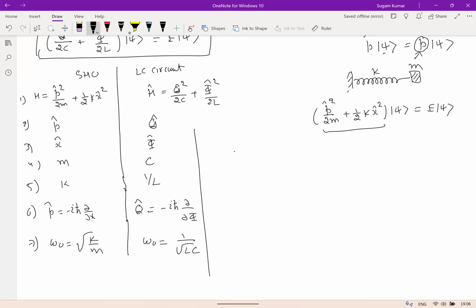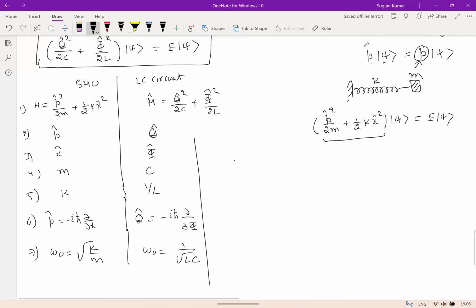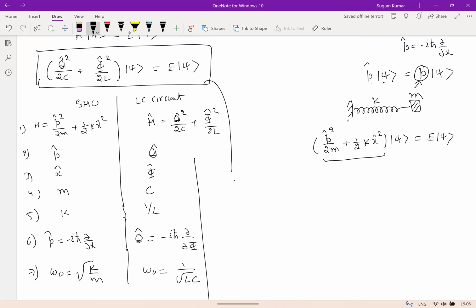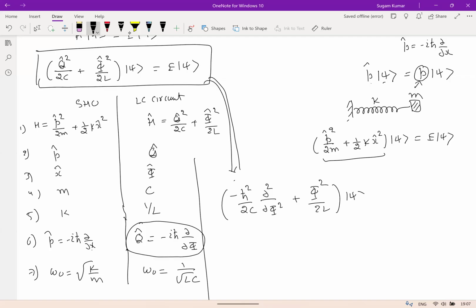Now, my goal is to let you understand. We have this Schrodinger equation, and now I can write this Q operator in this format also. So this equation can also be written as minus h-bar square by 2C del square upon del phi square plus phi square by 2L, acting on psi, equals E psi.